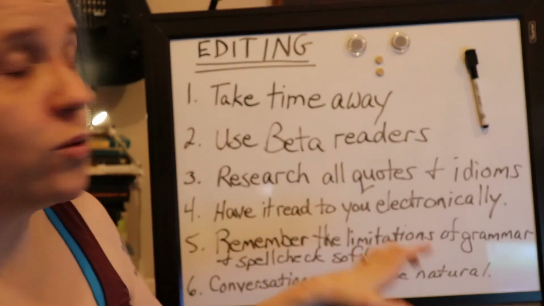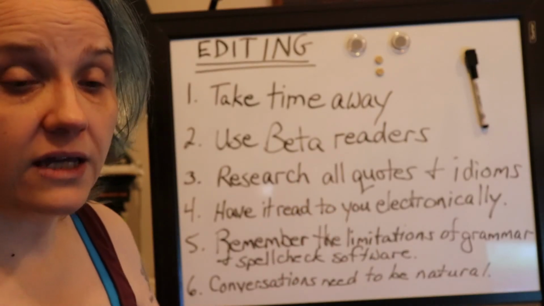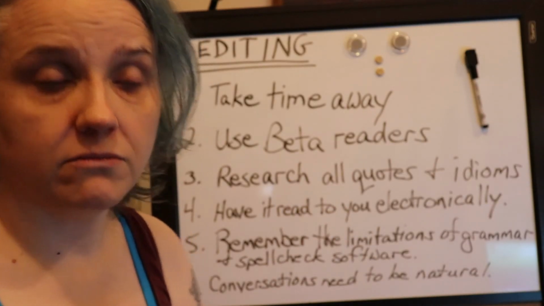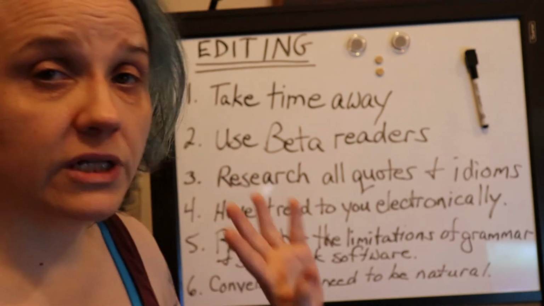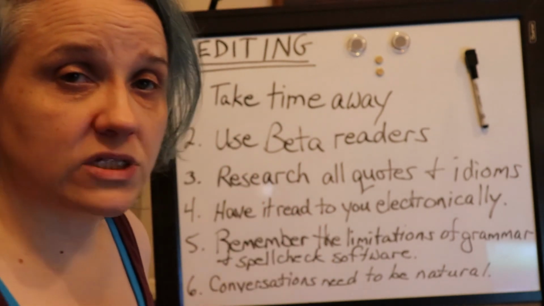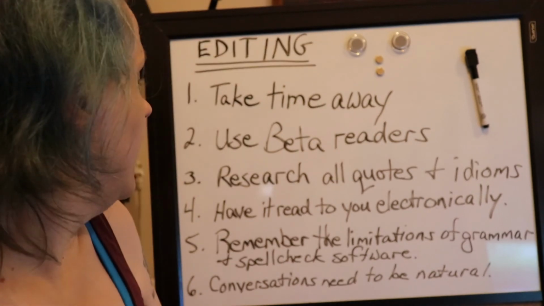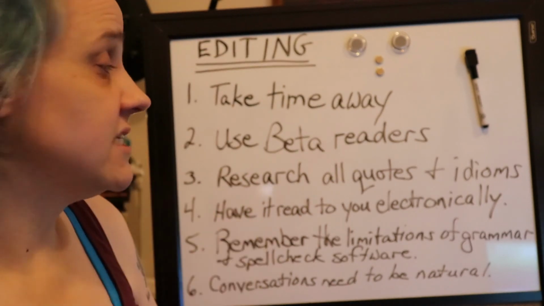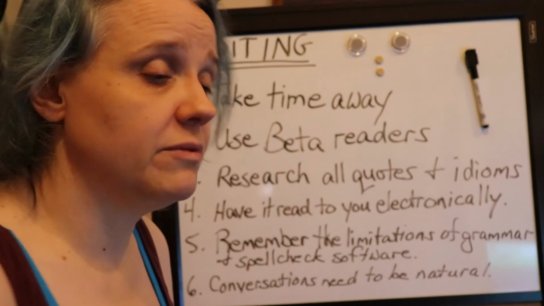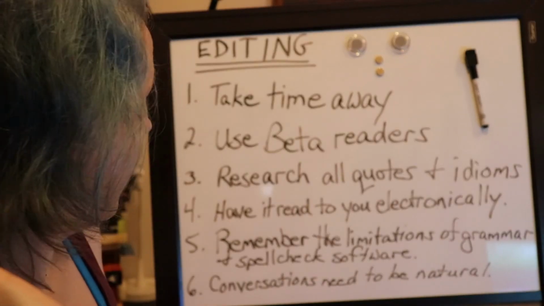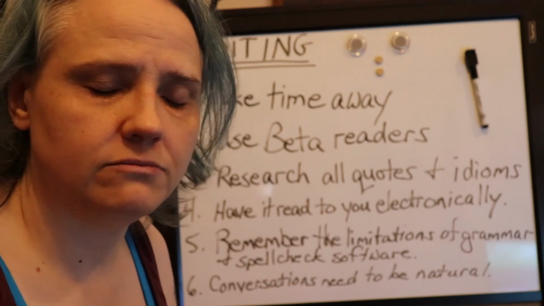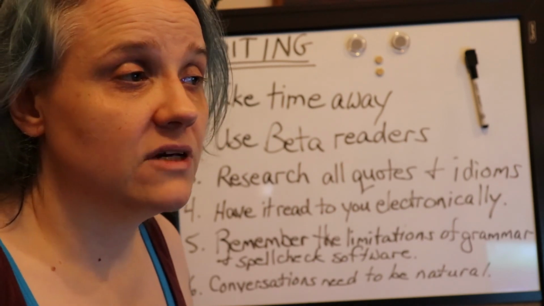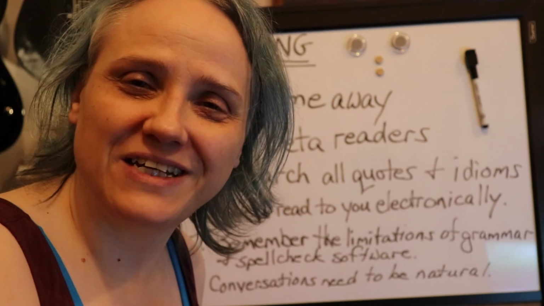And research all quotes and idioms so that you sound right, but not necessarily your characters. And have it read to you electronically so it reads exactly what's there and not what you think is there. Remember the limitations of grammar and spell check software because they're not always right. And number 6, conversations need to sound natural. And if I think of any more, I'll make another video.